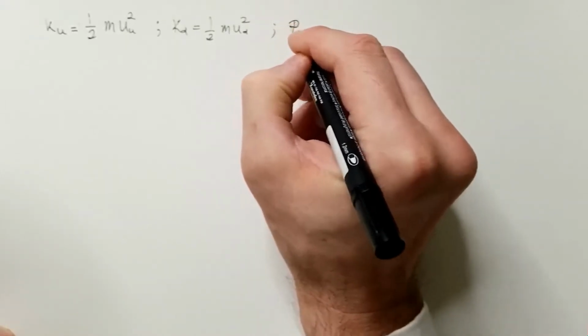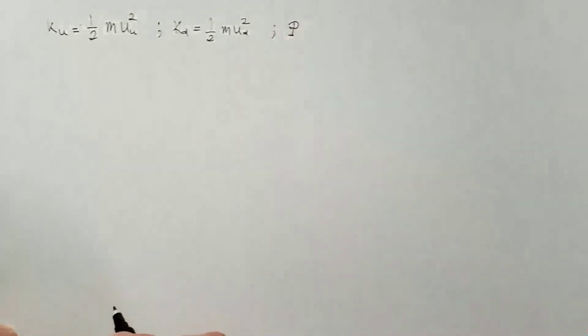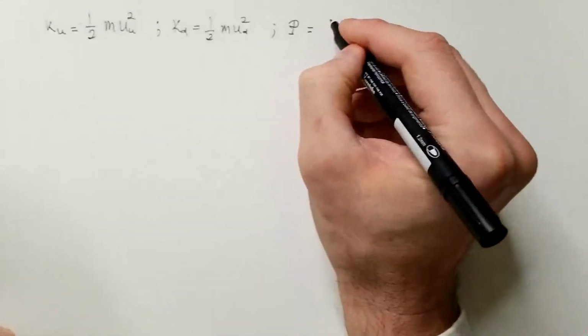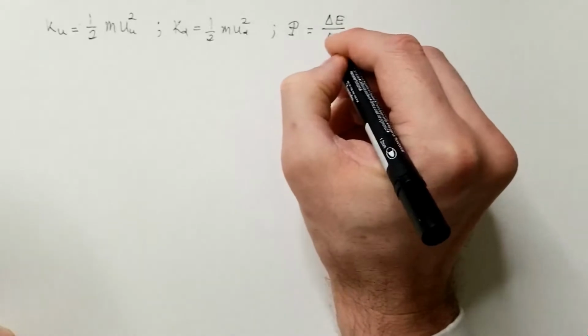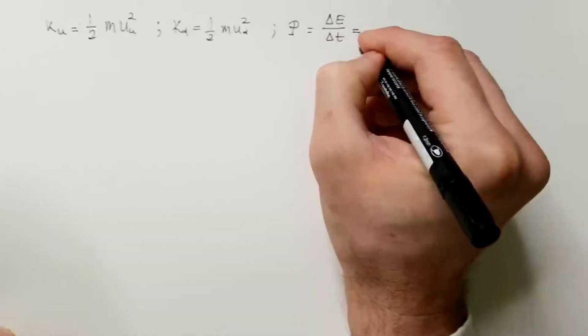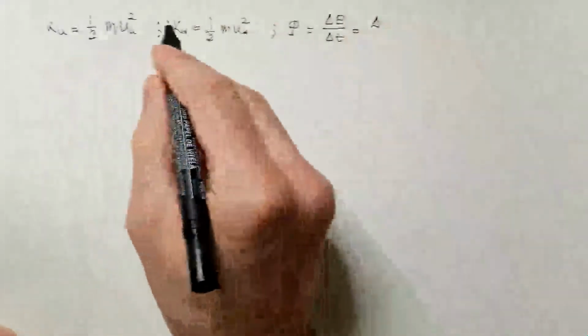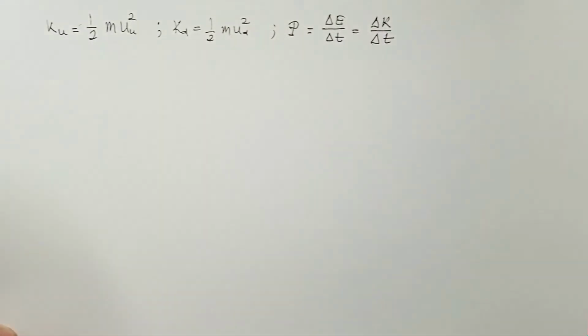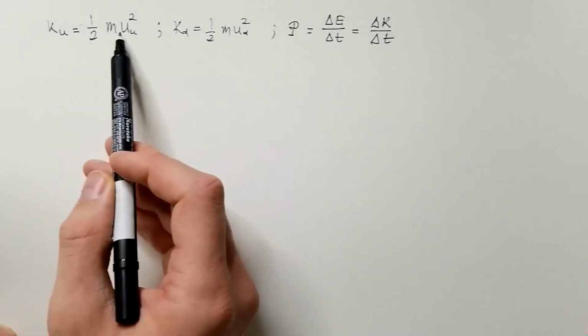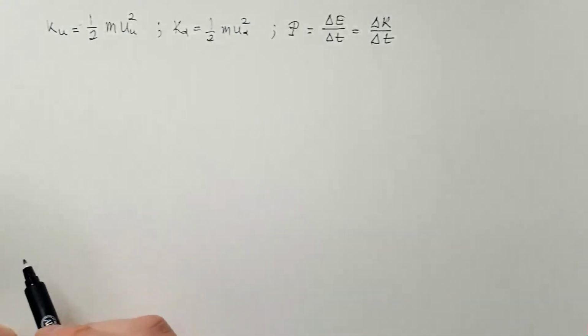Power, and this is now capital P, it's not pressure, it's power, is change of energy over time, and in this case it's change of this kinetic energy over time. Well, that's simple. That's this kinetic energy minus this kinetic energy.